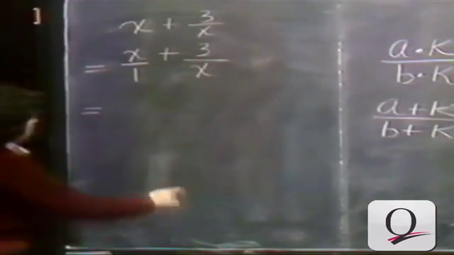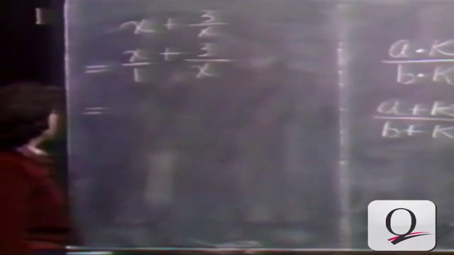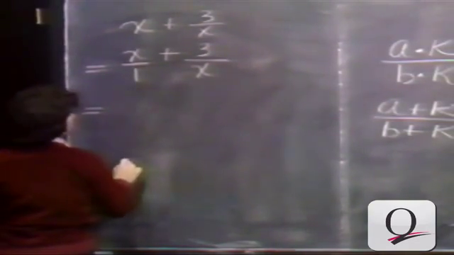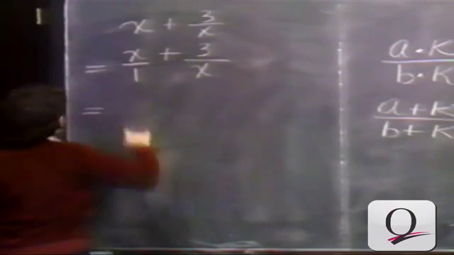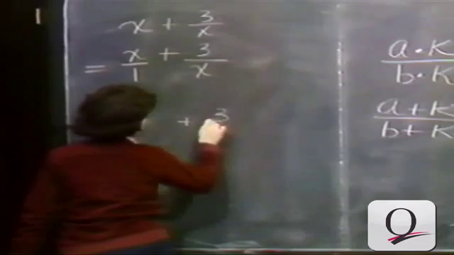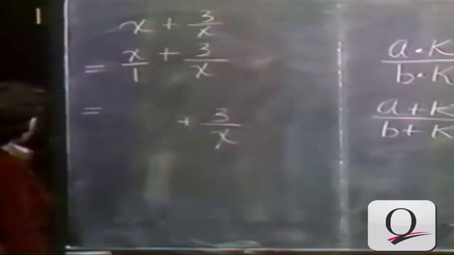Now, the lowest common denominator in this particular case is just the product of the denominators, 1 times x, or x. We'd like to turn both of these fractions into equivalent fractions having the denominator x. Well, the 3 over x is already okay. It already has the denominator x. Let's look at x over 1.